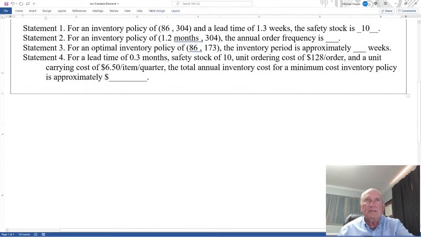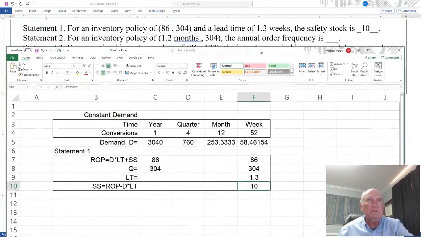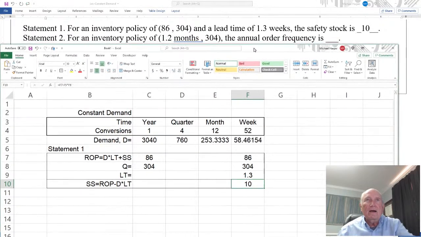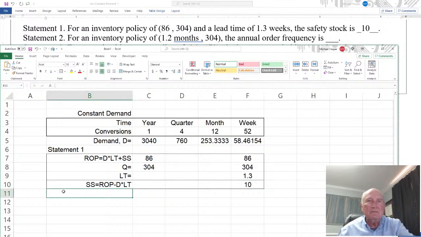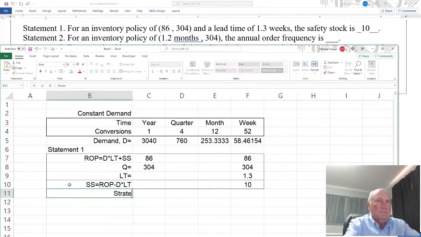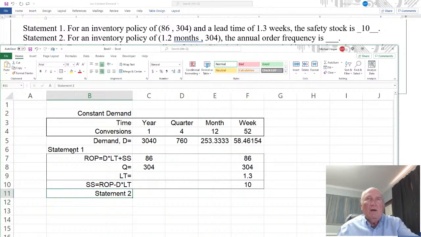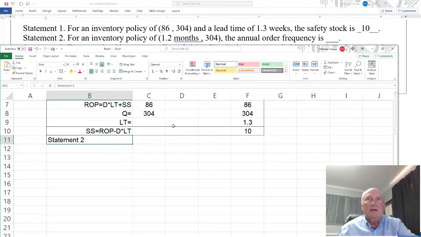Now statement number 2. Let's complete this statement. For an inventory, that's going to be statement 2. The inventory policy is 1.2 months.